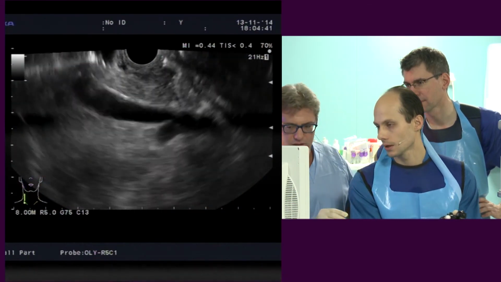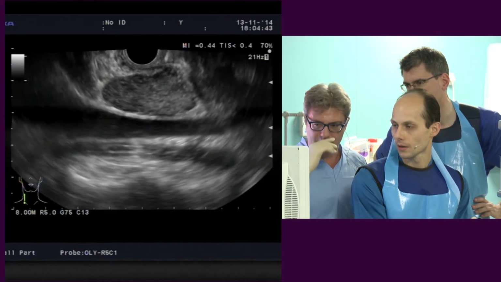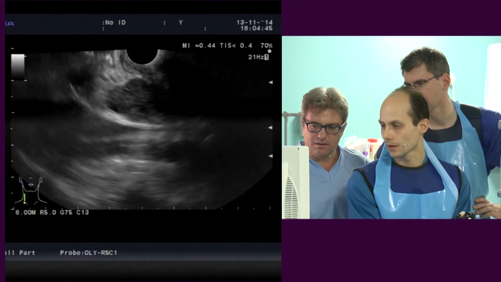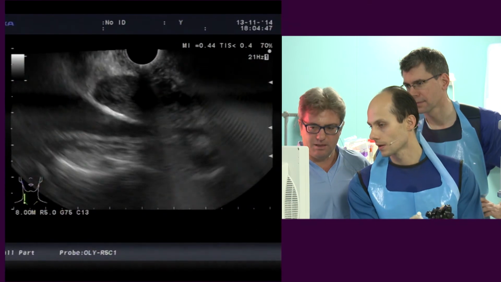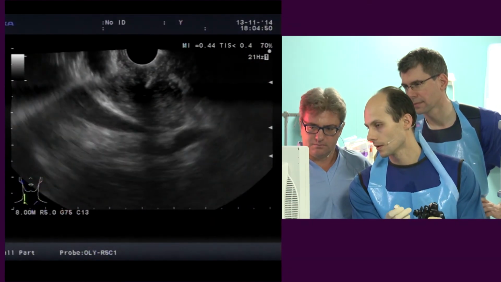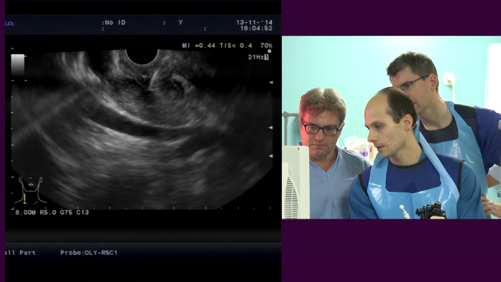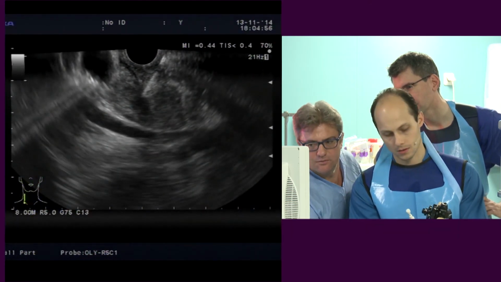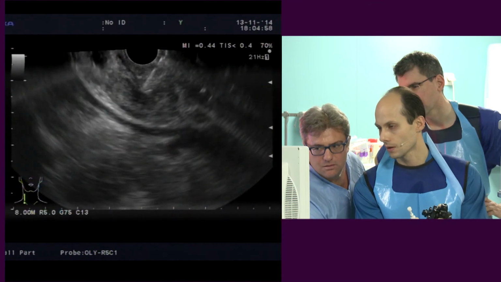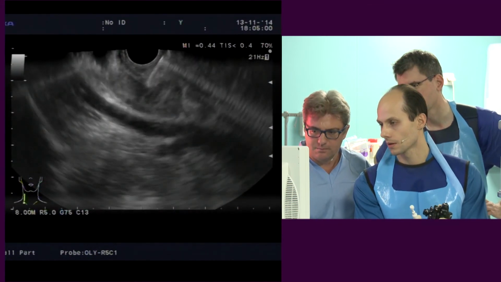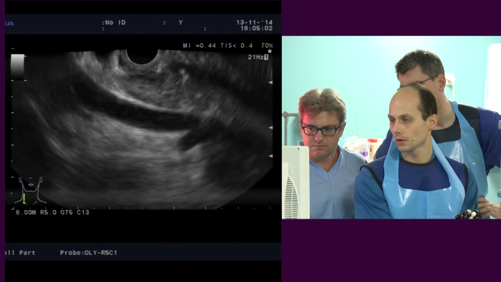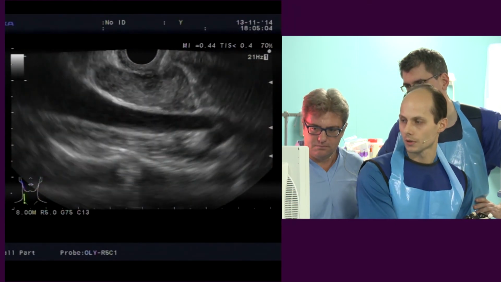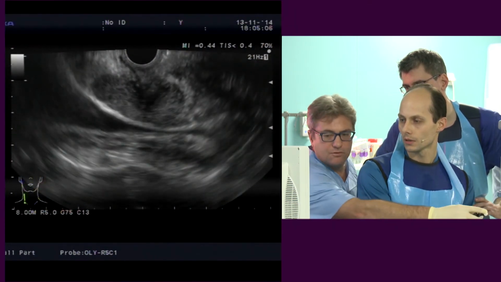I don't use the stylet, for example, because it doesn't really change the rate of contamination. Now you can see that the node is rather dense.